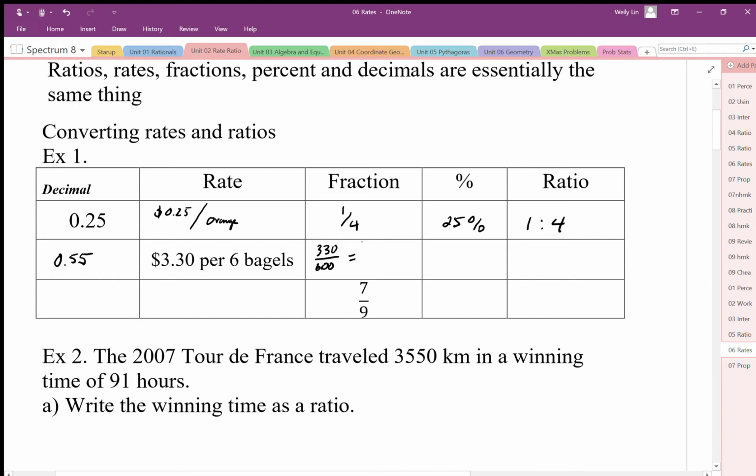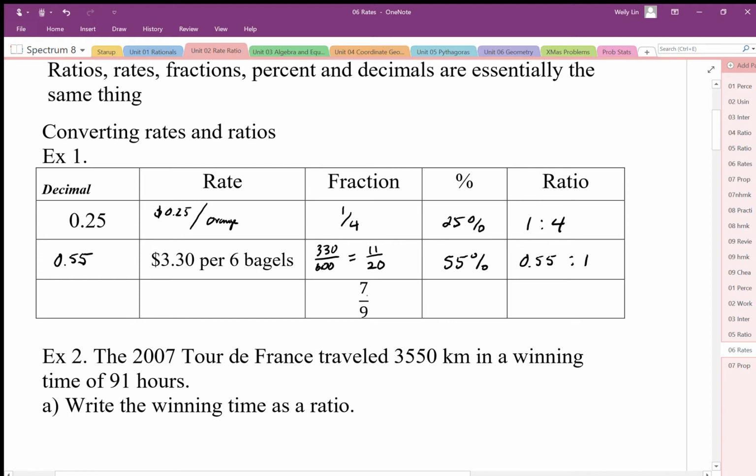Okay, so if I divide by 30, I end up with 11 over 20. Okay, so as a percentage, the decimal and the percentage kind of go together, so we know that that's going to be 55%, or we're going to have 55% of $1 per 1 bagel. And as a ratio, I'm going to keep this as a unit ratio, so 0.55 to 1.